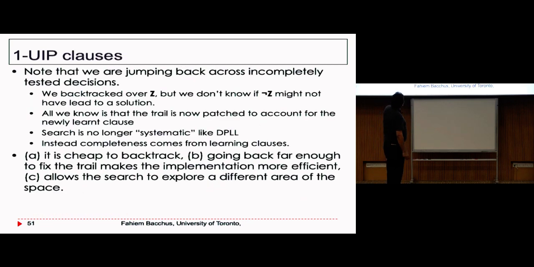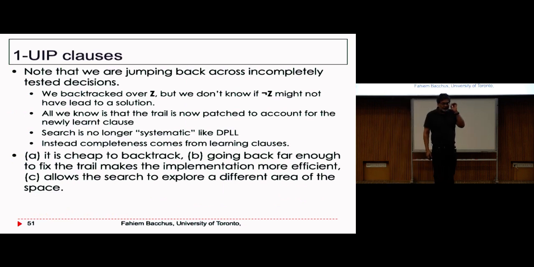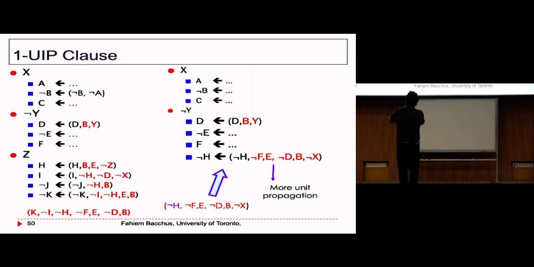So we see a couple things. First of all, we are actually backtracking across incompletely explored decisions. When we backtrack across Z, we know Z is not going to work. Z leads to a contradiction. But it could be that not Z had a solution under it. Instead, we're backtracking and doing Z altogether.